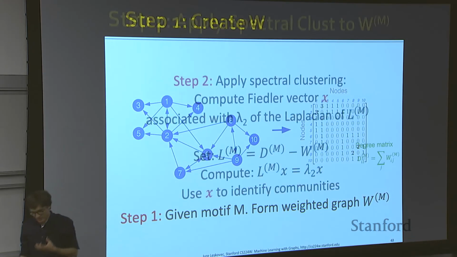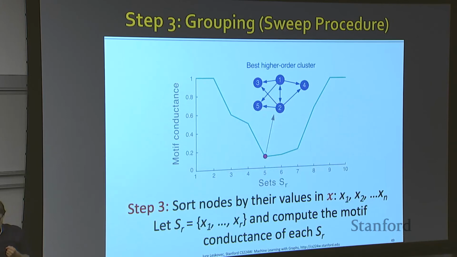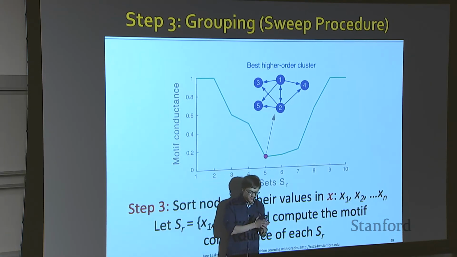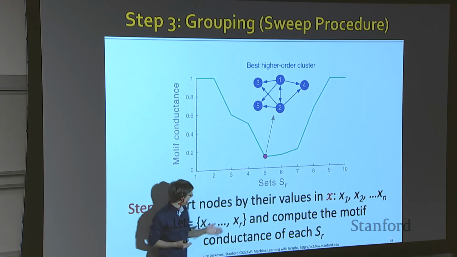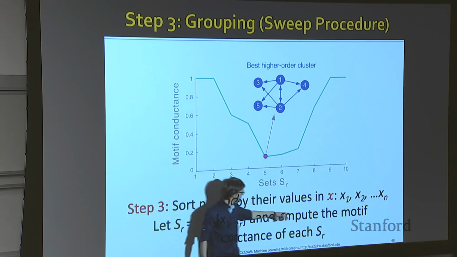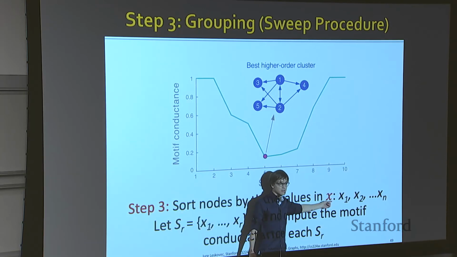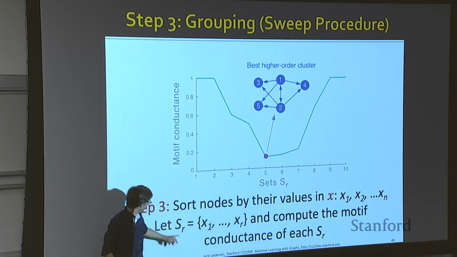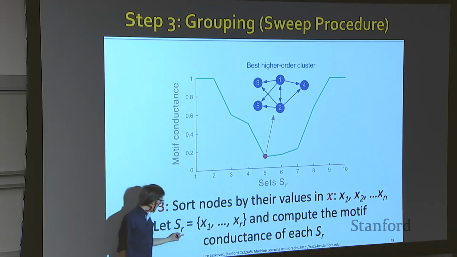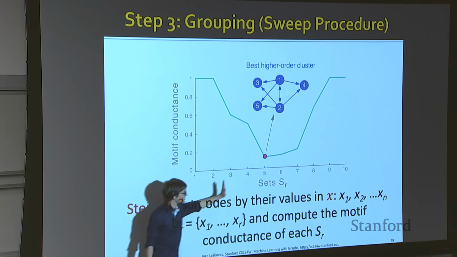So essentially, the point is that we are able to identify these clusters, right? So what are we doing here? Rather than splitting on 0, we are doing this sweep procedure, where we sort the nodes based on their values in X, and then we repeatedly take the first R elements of X and ask what is the conductance.